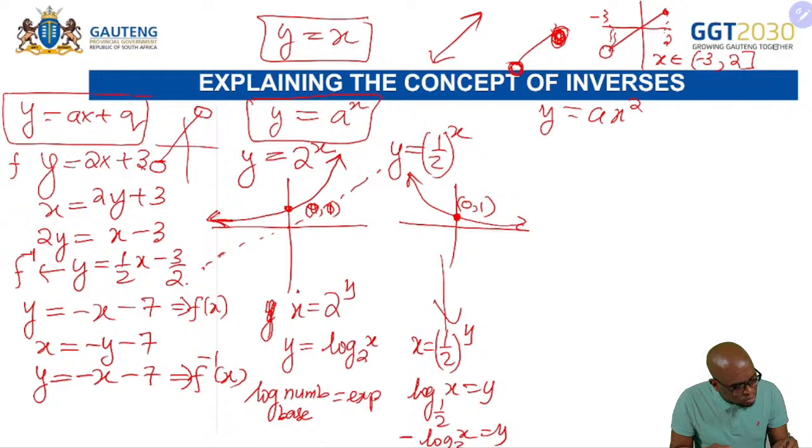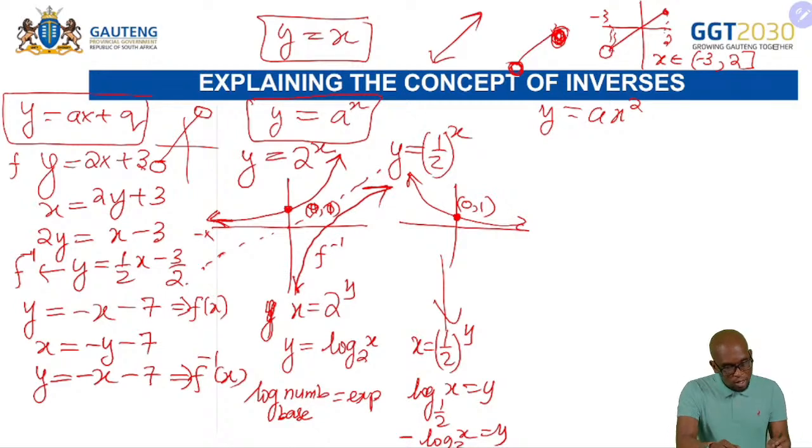It starts on the negative x, cuts the y, and then moves up. So this one would start on the negative y, cut the x, and then move up. So that would be the inverse of that. Now this one, if you want the inverse, obviously this started on the positive x, and then it cuts the y and then moves up.